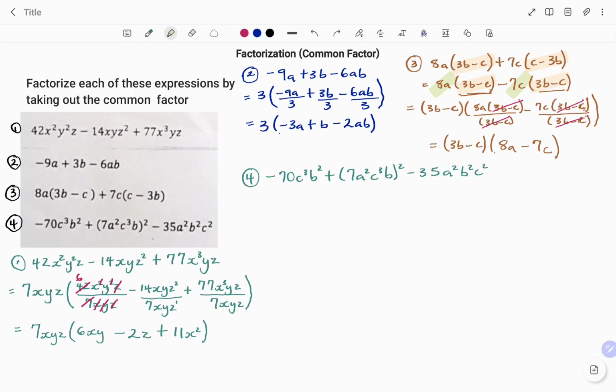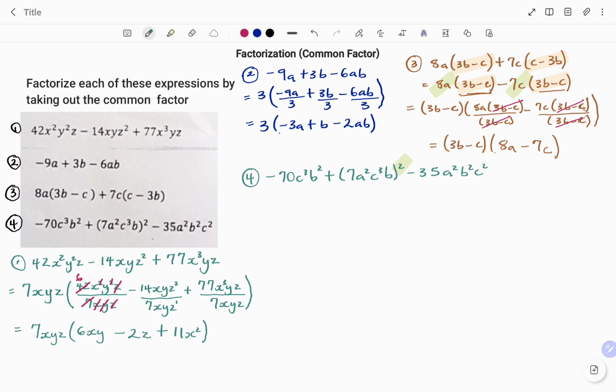In my last example, I have -70c^3b^2 + (7a^2c^3b)^2 - 35a^2b^2c. Before I start taking out the common factor, I need to get rid of my square as shown.